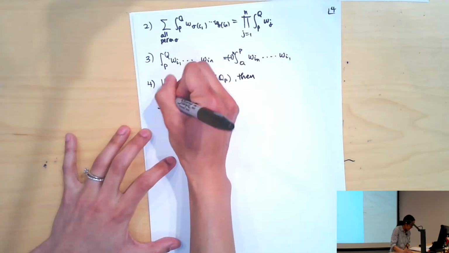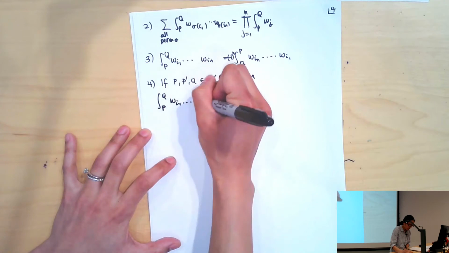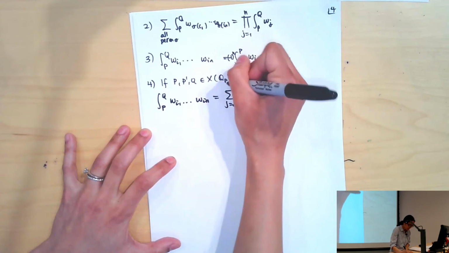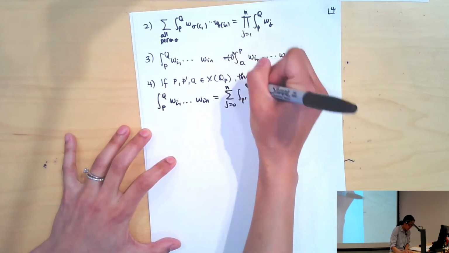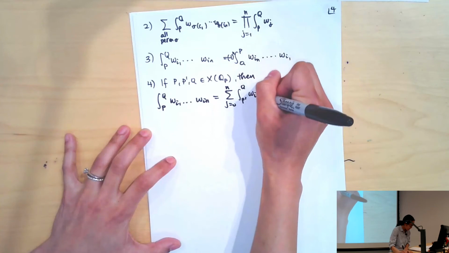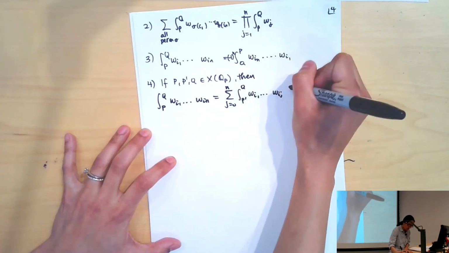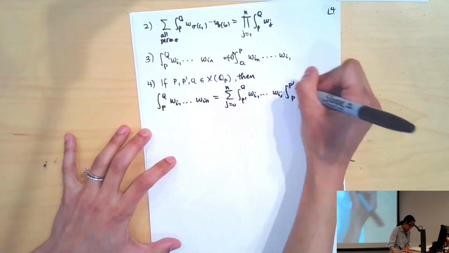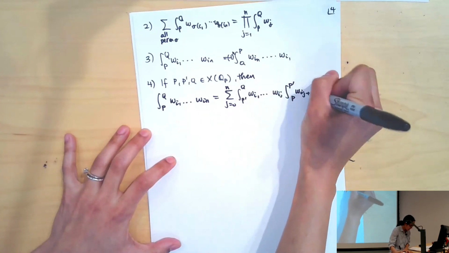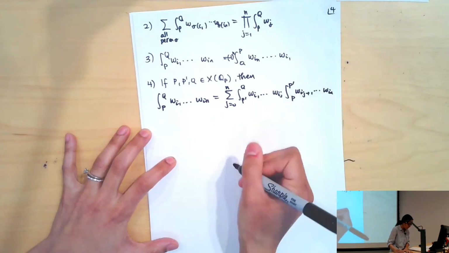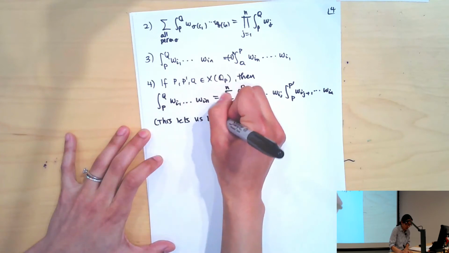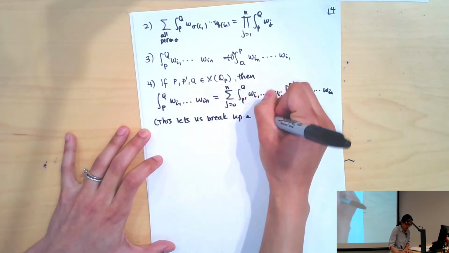Then if I integrate from p to q, omega I1 through omega IN, this is the sum over j of the integral from p prime to q of omega I1 through omega ij, and now we're breaking this up, so we have this sub-integral here, omega ij plus 1 through omega in. So this last one is to break up a path.